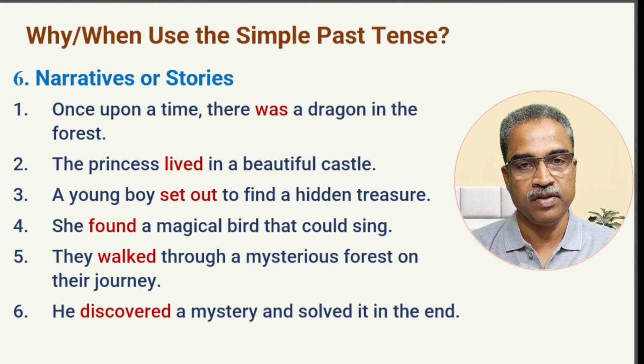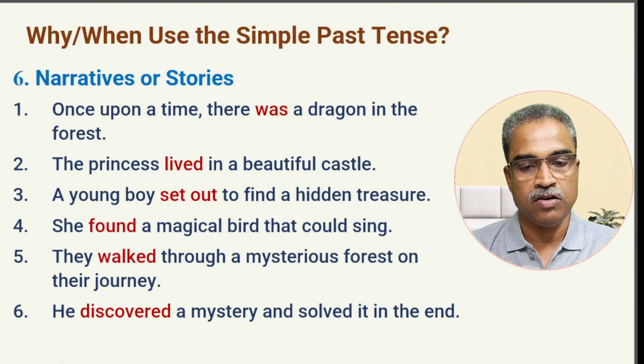There was. Is, am, are are present. Was, were. Was is used with singular subjects, and were with plural subjects. The princess lived in a beautiful castle. It's a narration.